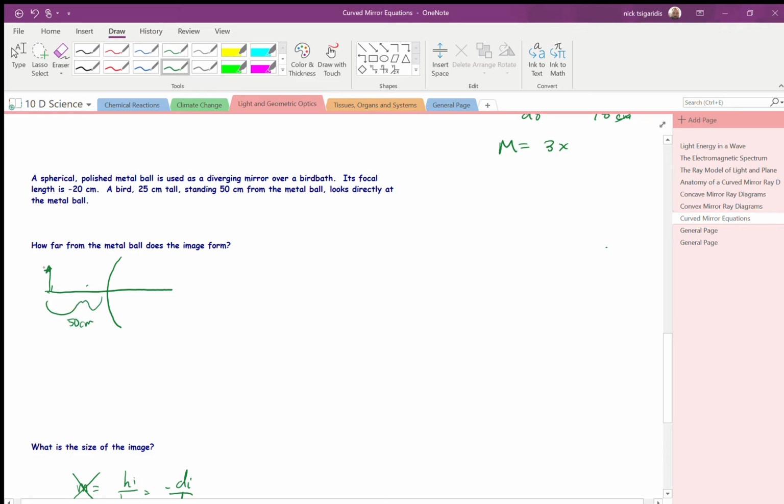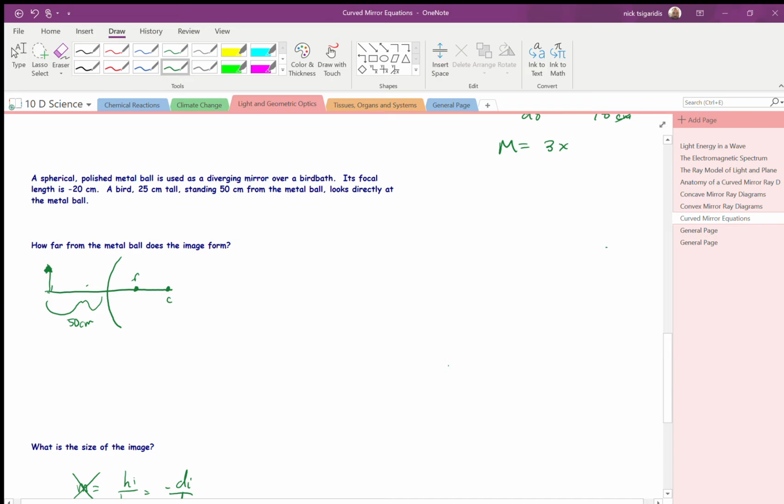Now, this is not obviously a bird, it's an arrow, but for simplicity's sake, let's just put an arrow there. And then, of course, behind the mirror at 20 centimeters, we have our focal length. So this distance is our focal length. And then, of course, twice that distance at 40 centimeters would be our center of curvature.